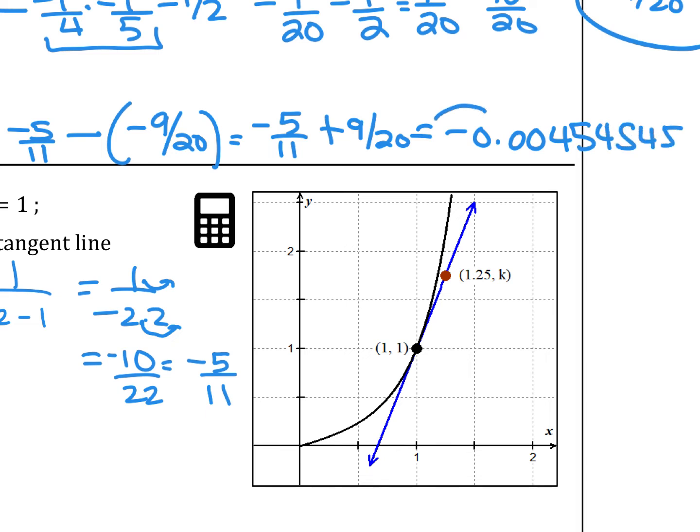The fact that our error is negative tells me our estimate is an overestimate, because the actual value is less than the approximation by 0.00454545. Now, in the notes it tells you to take the absolute value of the error.